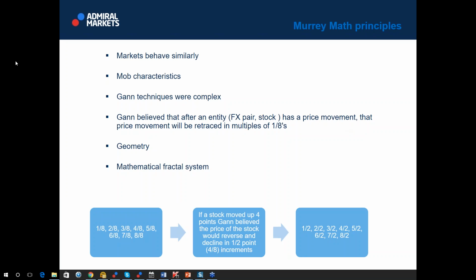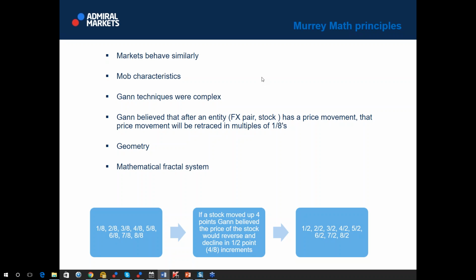Murrey Math is based upon observations made by Mr. Gann in the first half of the 20th century. A great contribution to Gann's theory was made by Mr. Murrey himself, who created a system of geometry that can be used to describe market price movements in time. That geometry facilitates the use of Gann's trading techniques.